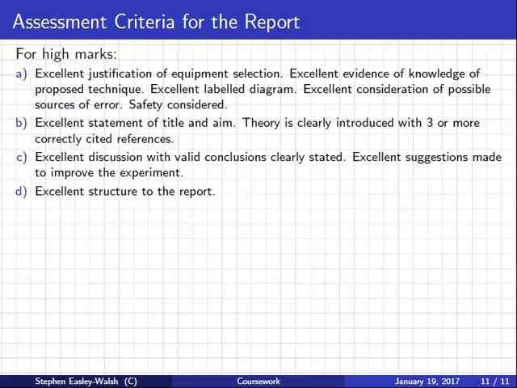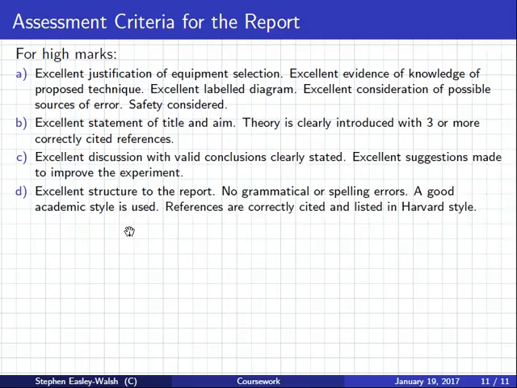Excellent structure. So things like section, subsection, tables need to be clear, titles, everything needs to be easy to read. No grammar errors, no spelling errors. A good academic style. References are listed in Harvard.